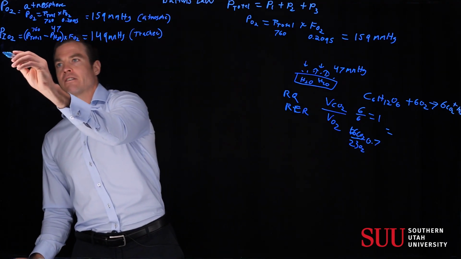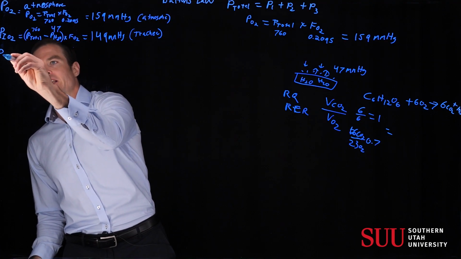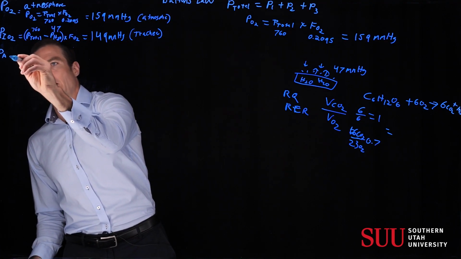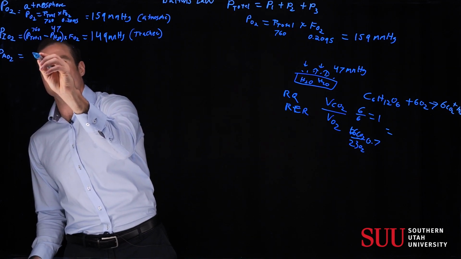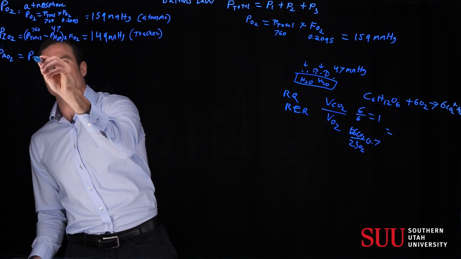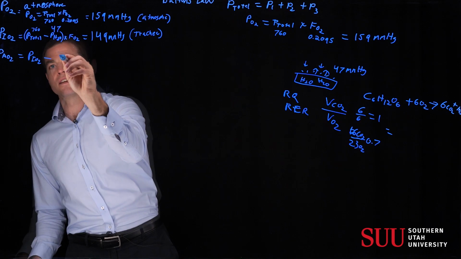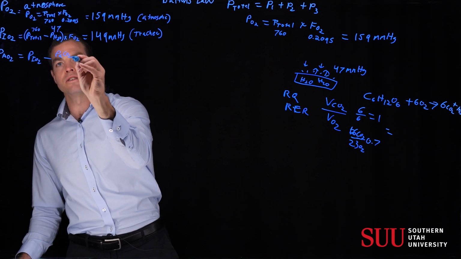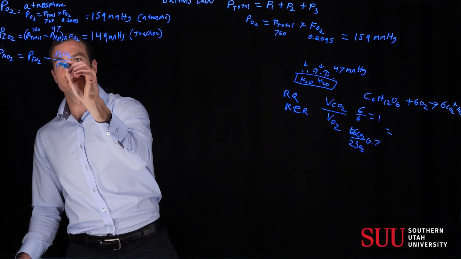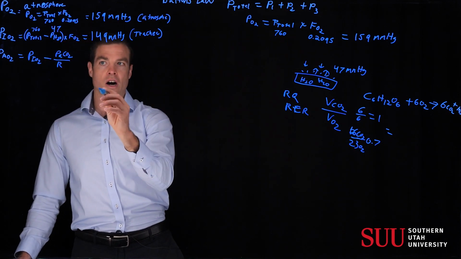So what we want to figure out is the PAO2, with a capital A. And what does that equal? So here we use the alveolar gas equation. You start with your PiO2 minus your PaCO2 divided by R. Okay, so we know what R is, right?